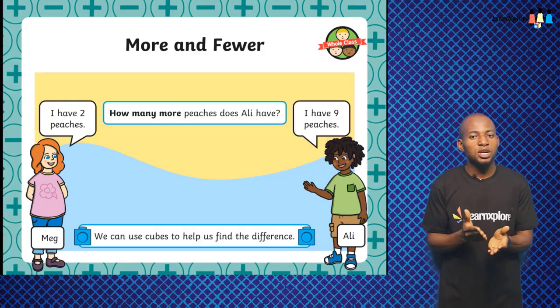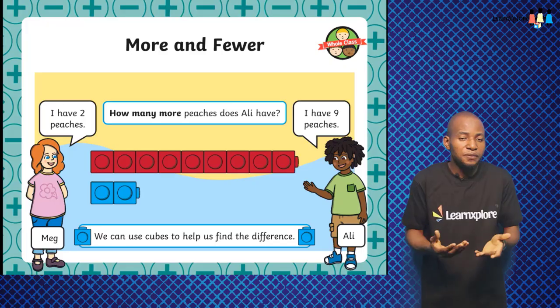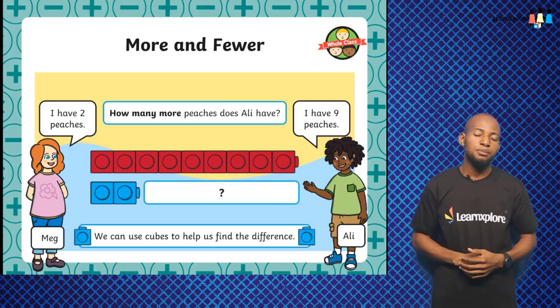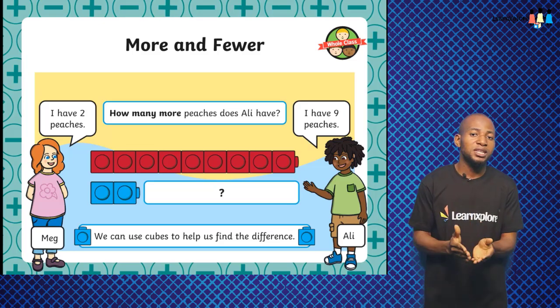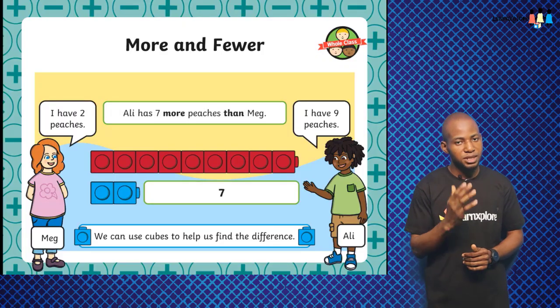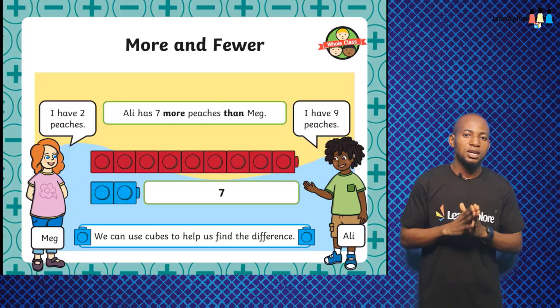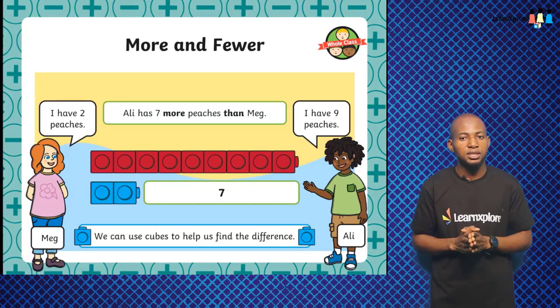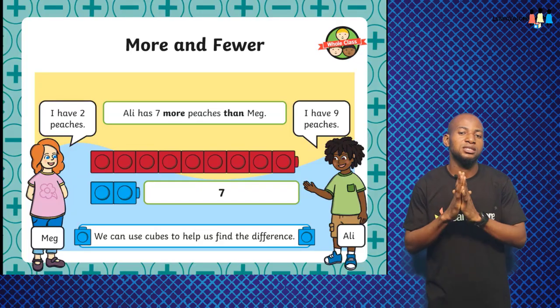We can use cubes to help us find the difference. Can you see a gap? Can you find the value of the gap? 7. Ali has 7 more peaches than Meg.